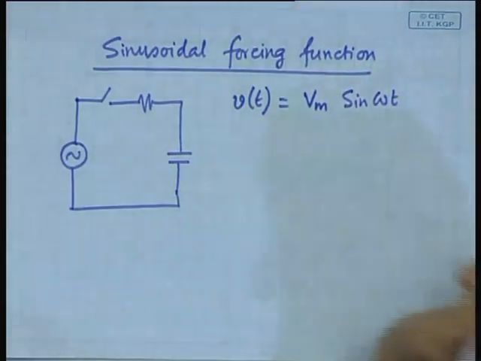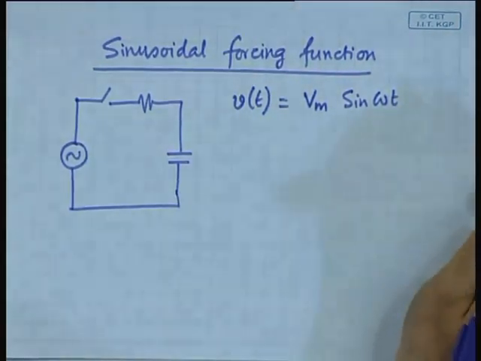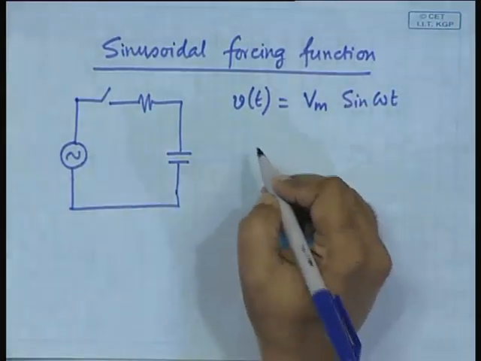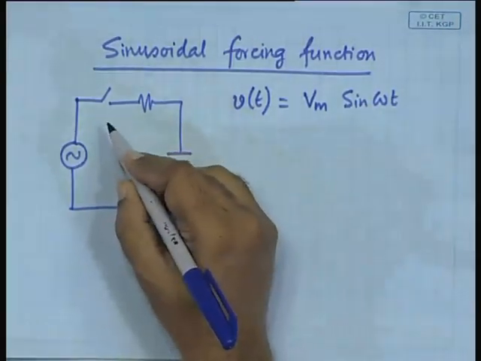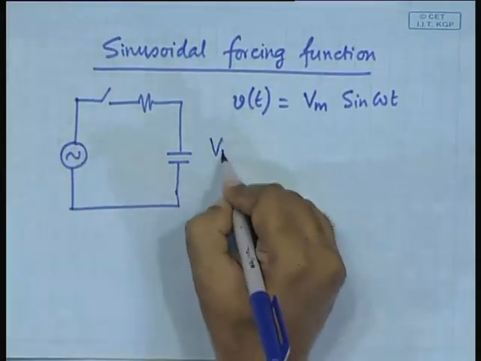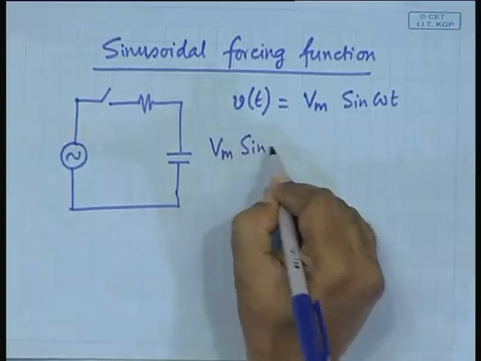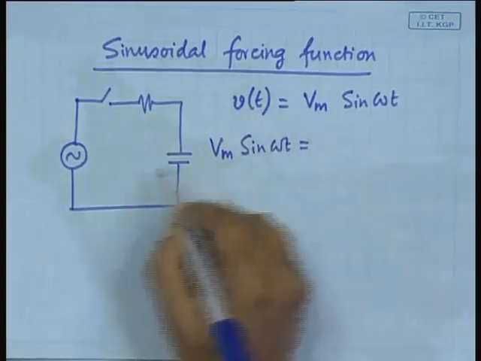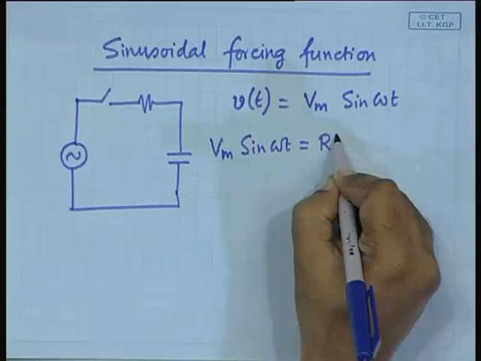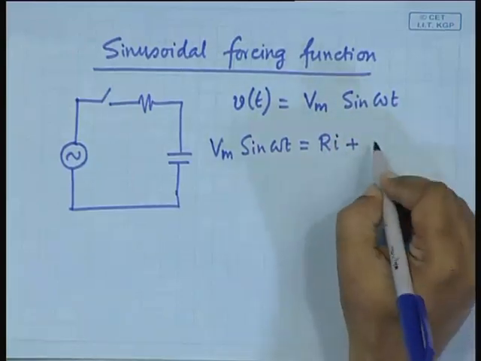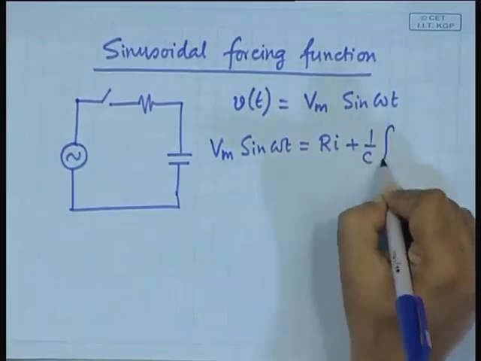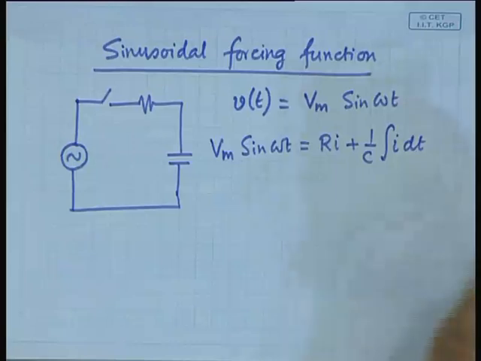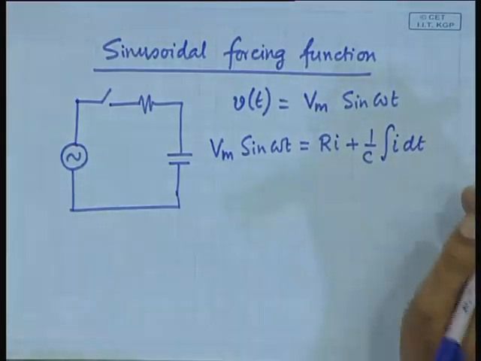That is how we have applied the voltage. So, the equation is V m sin omega t is equal to R I plus 1 by C integral I dt.